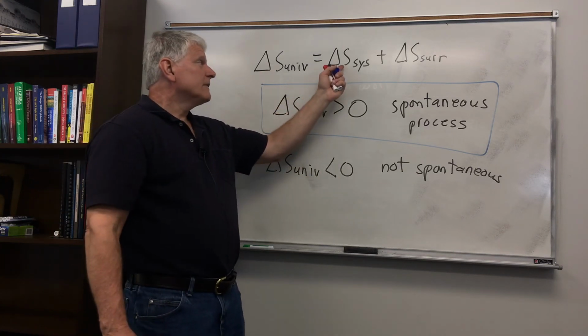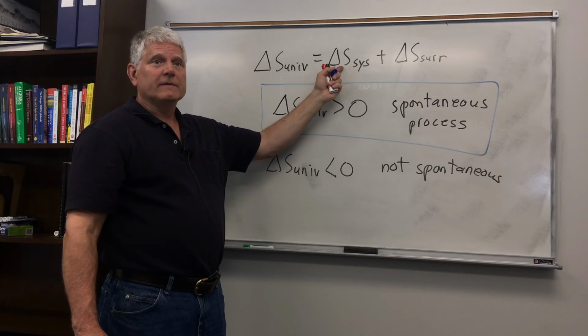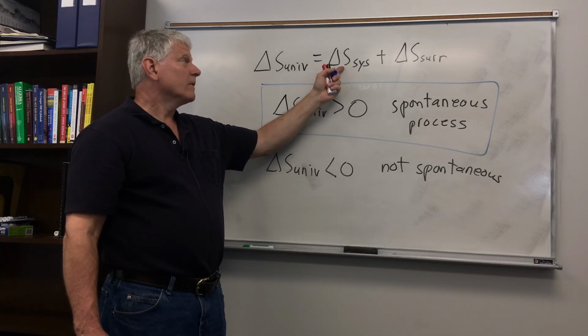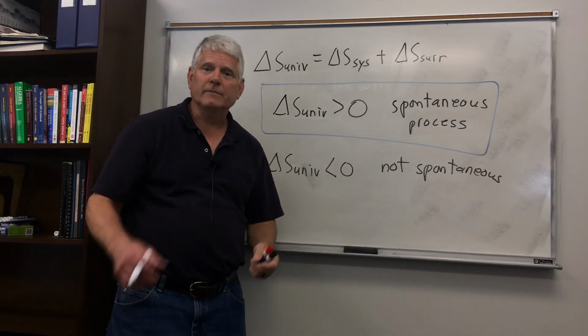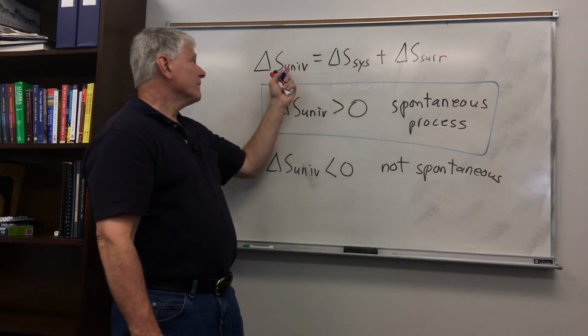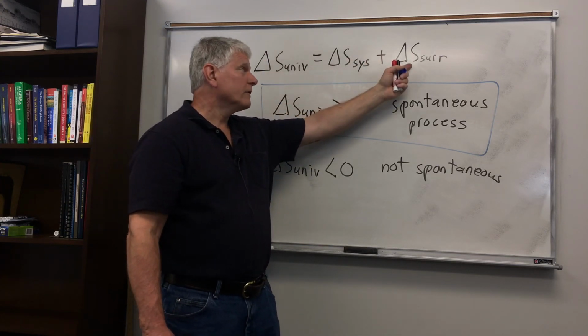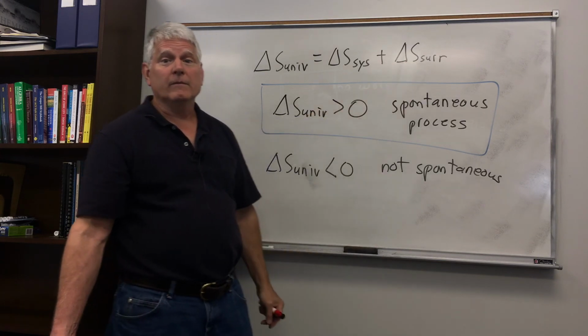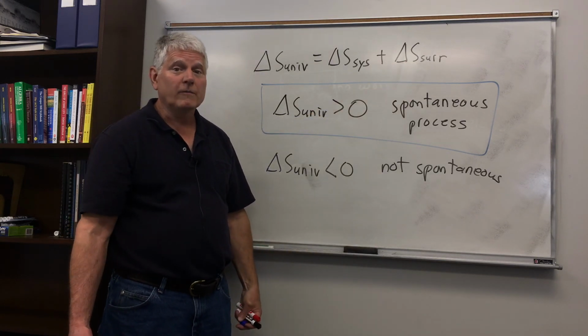We can have a system change in entropy that's negative. So we can decrease the entropy of the system, so we can have a non-spontaneous part of the system. But if we're going to have a spontaneous process in the universe, delta S of the surroundings has to be positive and greater in magnitude to make up for it.